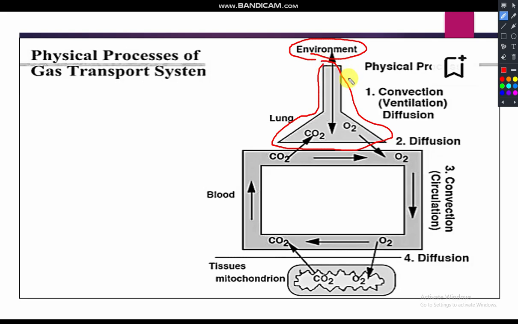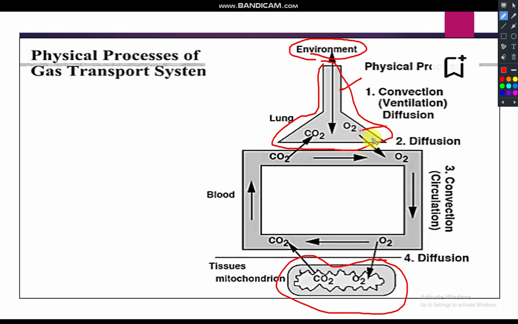Okay? We will take this to be the trachea. Then we can take the base of the funnel-like structure to be the lungs. This rectangular or square-like structure represents the blood, while the circular-like structure here represents the tissues.